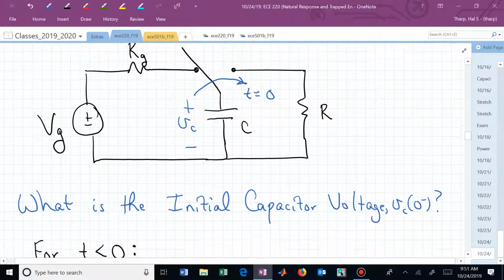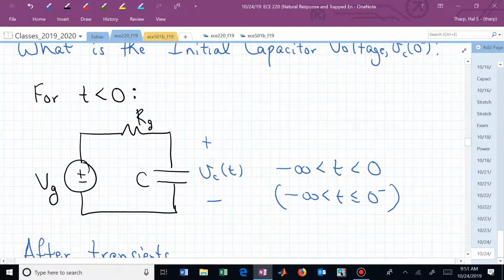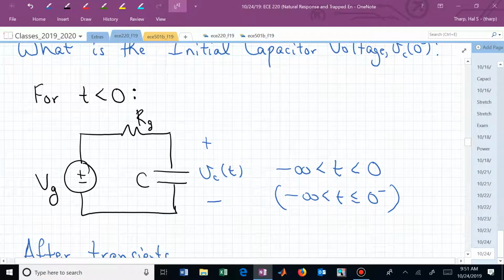What is the initial capacitor voltage? Well, for t less than 0, we can redraw that circuit. The switch has been in place since minus infinity up to 0, coming in from the left to 0 minus.